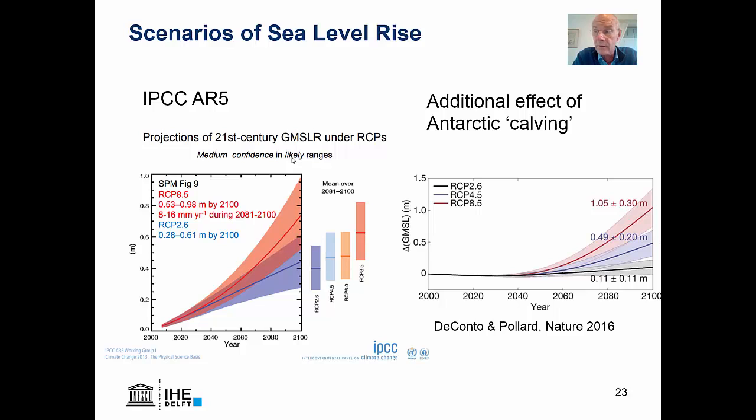But if the recent stories about, for instance, the effect of Antarctic ice breaking or sliding into the sea become true, then we may have to face 2 meters of sea level rise by 2100. And that obviously, for areas like the Mekong Delta or the Central Coast, would be devastating.